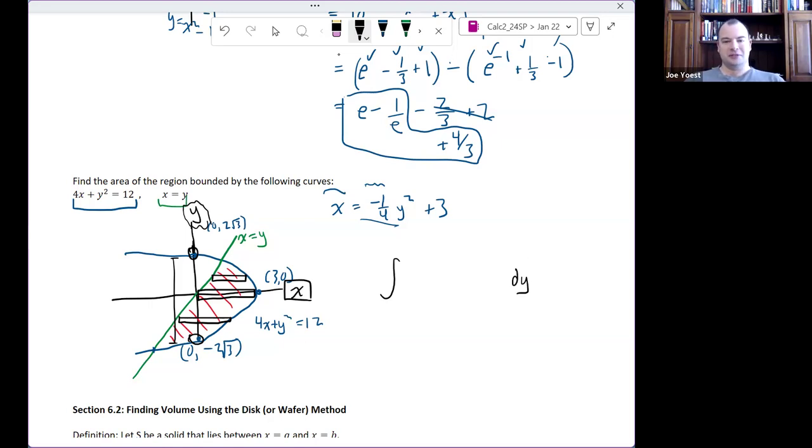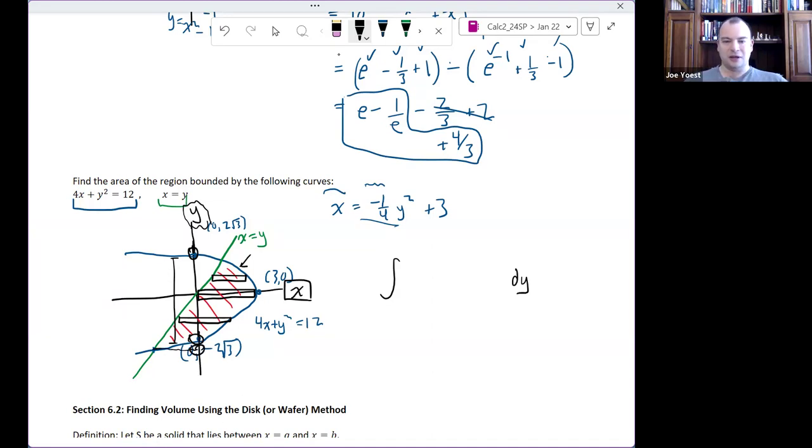From this perspective, x is my dependent variable, and the "top function" from this perspective, the one that's always associated with higher values of x for a given value of y, is always the blue function. The blue function is always to the right of the green function in this region. I circled the wrong piece on my axis.